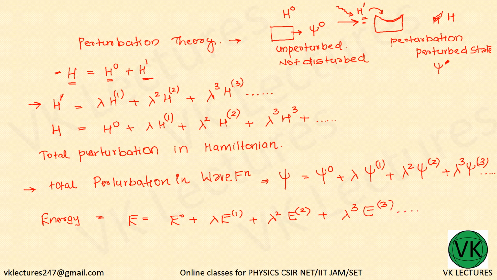So here is the total perturbation in the Hamiltonian, the first equation. The second equation states the total perturbation in the wave function, and the third one is the total perturbation in the energy.